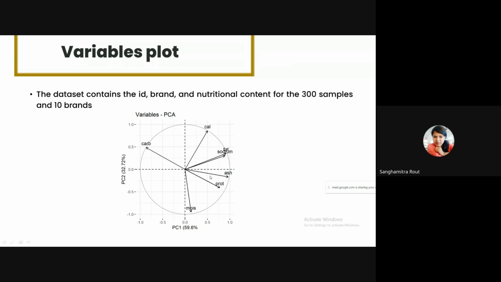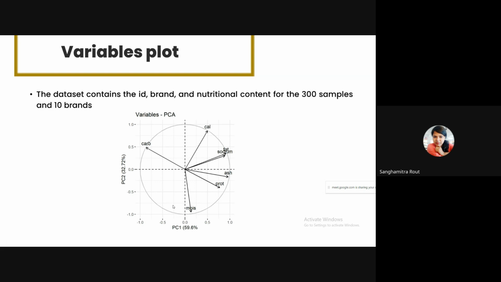But ash, protein, and moisture, these 3 variables are not showing greater variance or greater contribution in PC2. They are low because they are falling in the opposite direction. So this is how you can interpret your variable plot by looking at the vector directions and their magnitude.